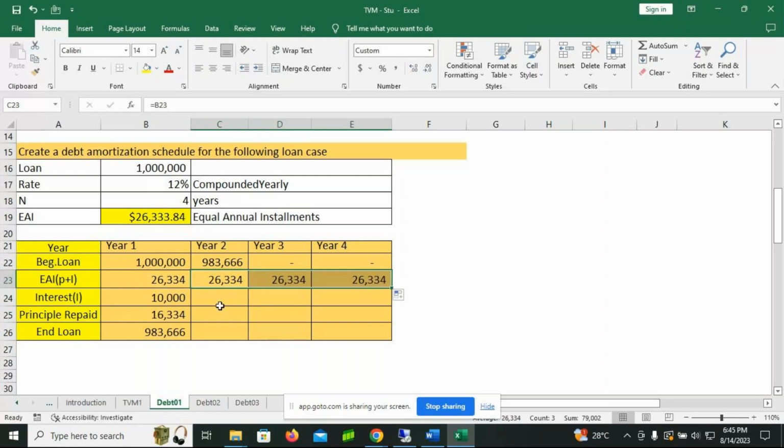So I'm going to select this interest. So I'll come here. So here I have taken 1 lakh. So let's see. So here principal repaid also, I'll just come and drag, and here end of loan also I will drag. So something is going wrong over here. 1 second. Let's see. Equals.